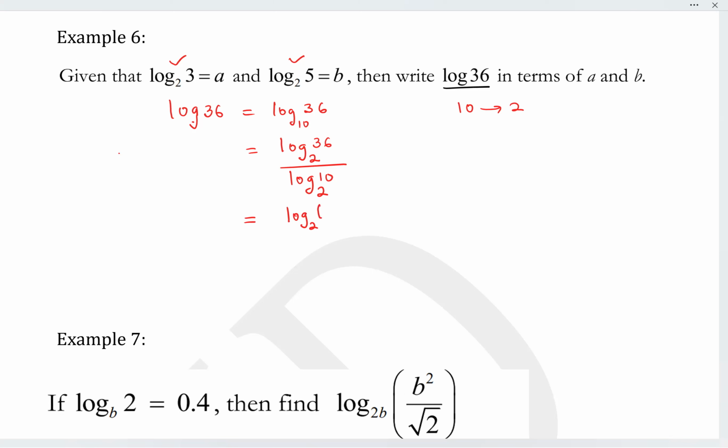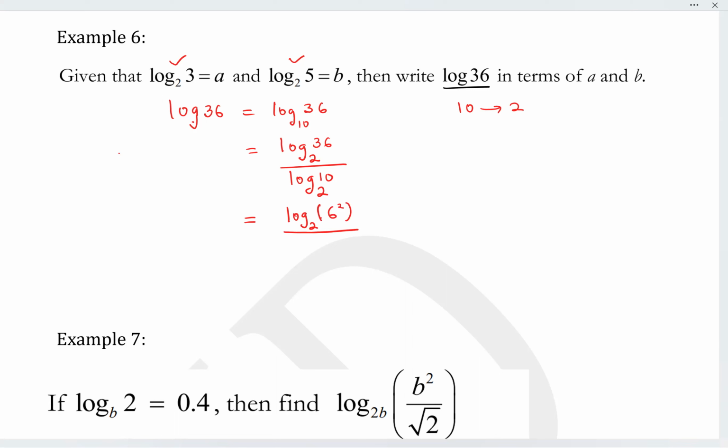Now, how can we write 36? We can write it as 6 to power 2, if we like.